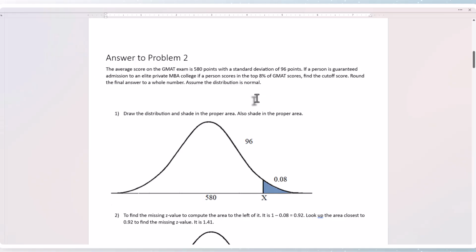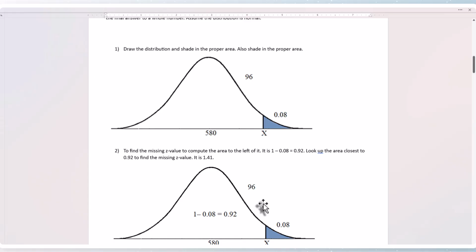So once again, we're using the normal distribution because it says here, assume the distribution is normal. The mean is 580, standard deviation 96. We're given an area of the top 8%, which converts to 0.08. So this area is 0.08. We have to find the cutoff score, which is X.